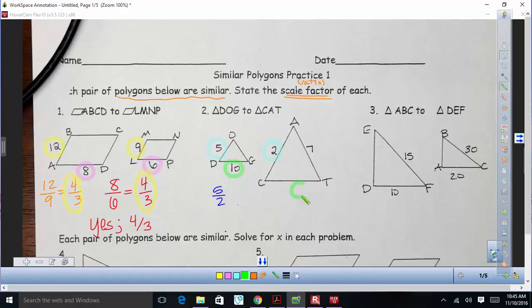It's corresponding to CT, which is not there. Okay, so can we conclude that that one is similar? Why do we say no? What do you think, Emmy?